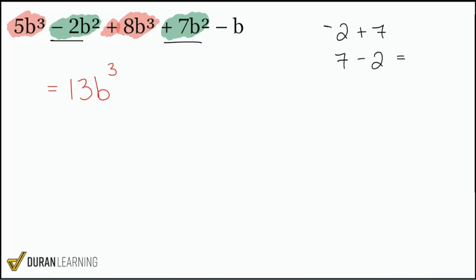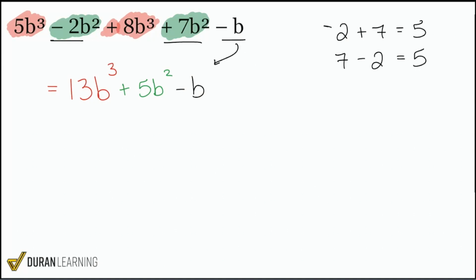Everybody, what is 7 minus 2? Yeah, that's going to be 5. So that means negative 2 plus 7, that is 5 as well. So what we have over here in green is plus 5b squared. And then this minus b right there, we just drop it down and we just have minus b. And that's it. We're good. We have successfully combined like terms again.